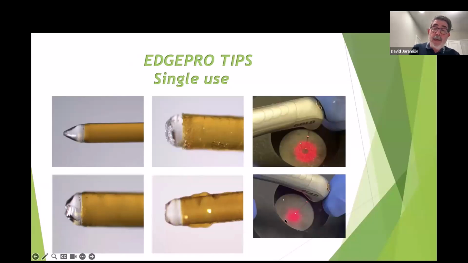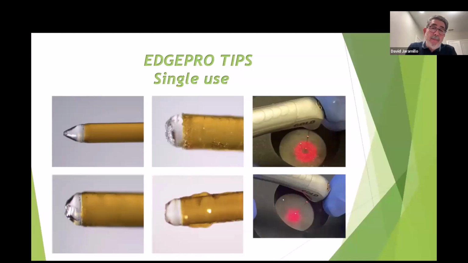tip. This is the power meter device that we use. So we measure the amount of power that is being delivered before use and after use. And because of the degradation of the tip, the amount of the power is totally reduced. So probably it's not that this type of laser is not as good as the Erbium YAG laser for endodontics.